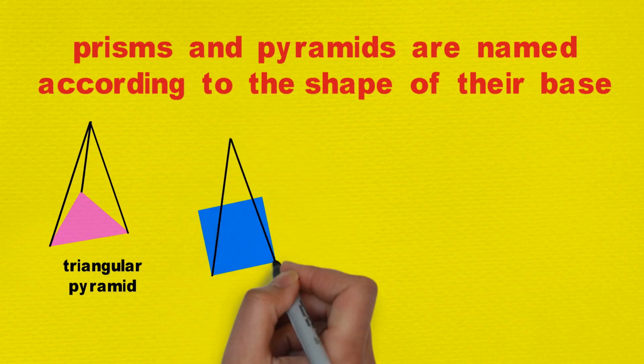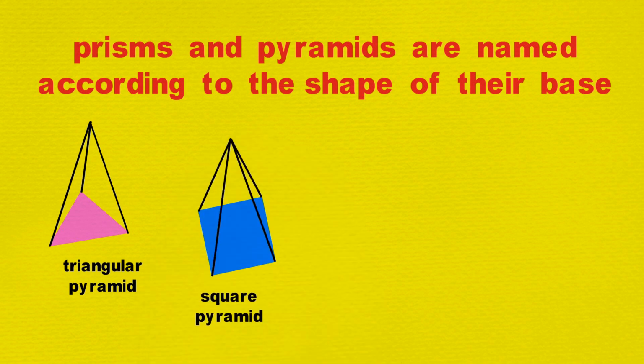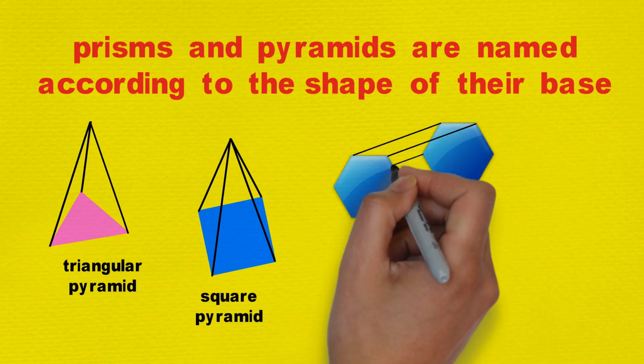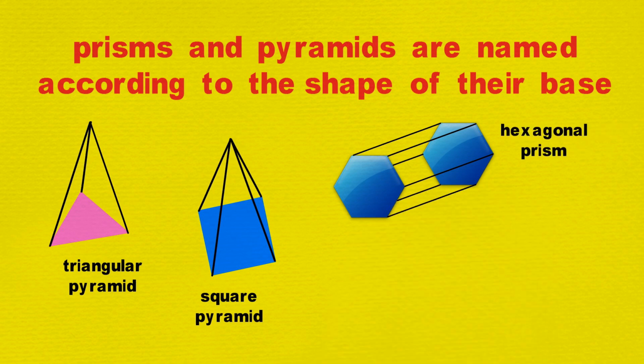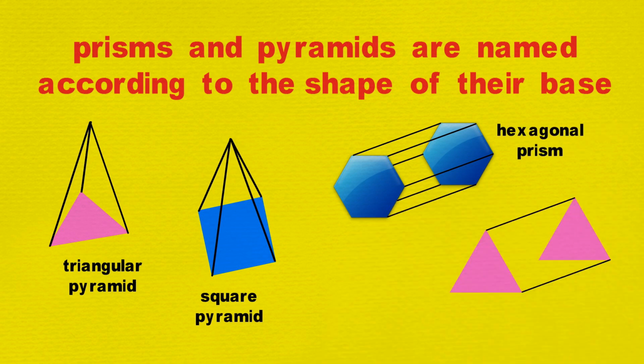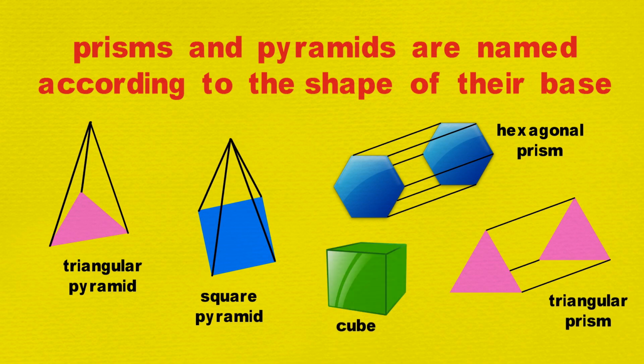The base of a square pyramid is a square. The base or end of a hexagonal prism is a hexagon. The base of a triangular prism is a triangle. A cube is a special prism with 6 identical square sides or faces.